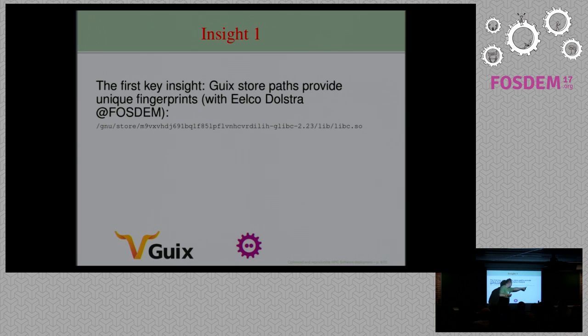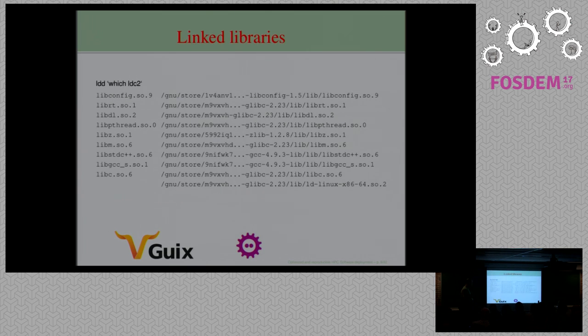So if you look for the linked-in shared libraries of the LDC compiler, you will see something like this. So this also explains what Guix actually does, right? It hard links all these libraries, so they are found separately on your system.